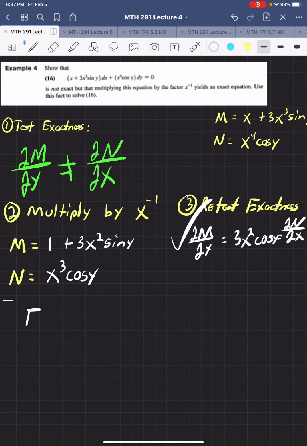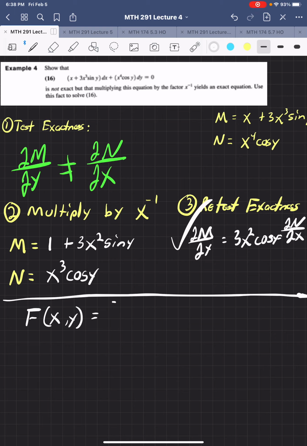Very, very quickly, because the rest of this is easy. What we are going to do in order to solve the differential equation is simply integrate. You just pick whichever one is easier to integrate.